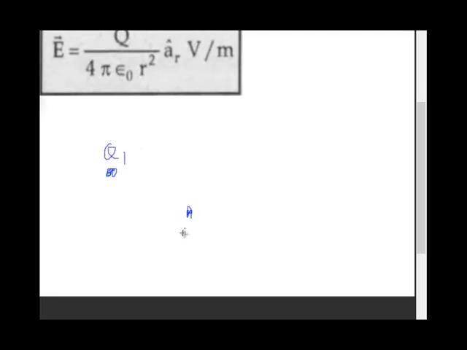This will be considered as Q2, the second point charge. This is Q3, the third point charge. If you want to calculate the total electromagnetic field at this point, then we have to measure the electromagnetic field due to Q1 like this. It will go in this direction.